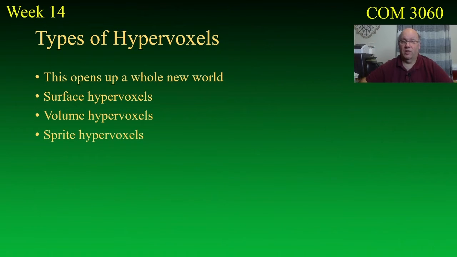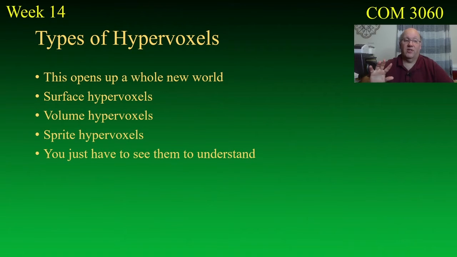Sprite hypervoxels, that's kind of like fireworks, where the actual particle kind of looks like a streak or a little firefly or something like that. You may think that's not useful, but it can come in handy. I'll show you some examples. You just have to see them to understand. You have to see how this works in order to understand why you want to do it.